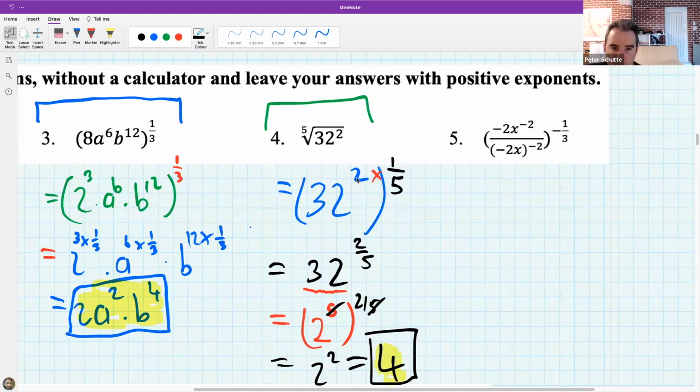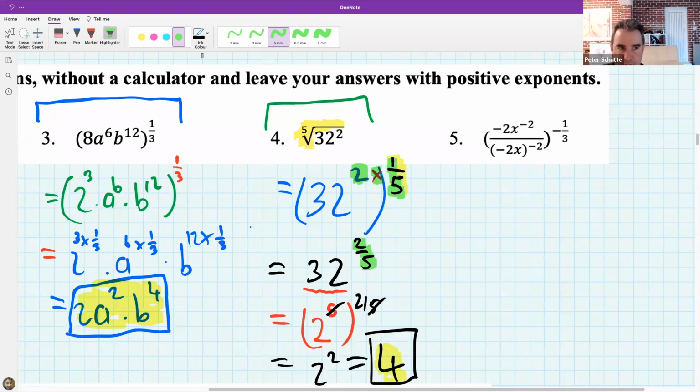So Thandolwethu, what I first had to understand was that taking the 5th root of this is the same as the power of a 5th. So that's step 1. Step 2 is to realize that the 2 can be multiplied by 1/5, and that gives you this, the 2/5.